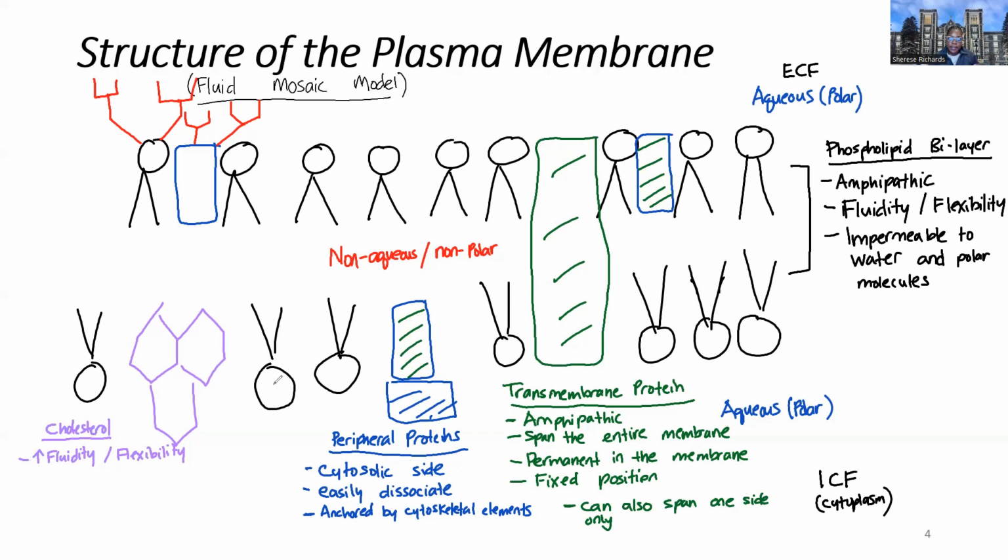So it prevents the membrane from becoming crystallized. And we say that because it spans in between some of the phospholipids and prevents them from rigidly joining to each other. So it will decrease the rigidity and prevent crystallization.